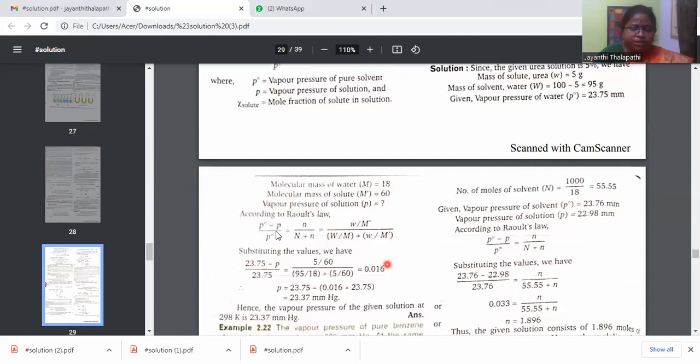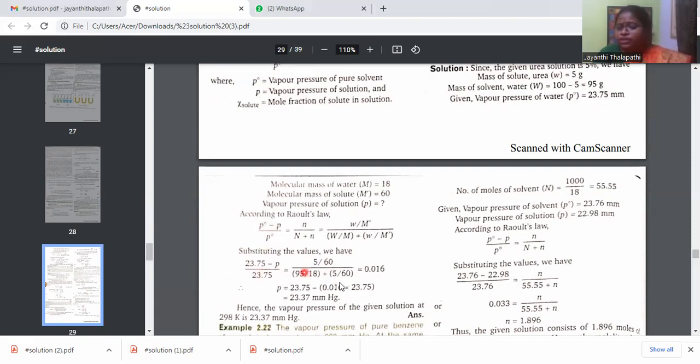So P naught minus P by P naught is equal to n by n plus N, which is w by M dash, the mass of the solute by molar mass of the solute, and the mass of the solvent by molar mass of the solvent, plus the mass of the solute by molar mass of the solute. We have everything, right? Except this P, we have everything. The only thing we have to find here is the pressure P. Otherwise, all the data we have here, right?